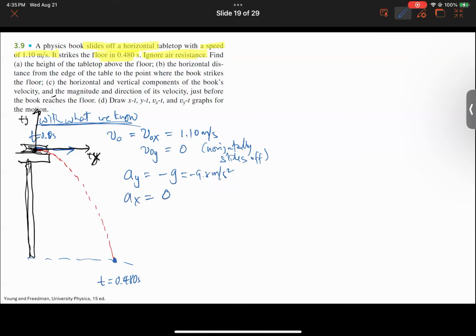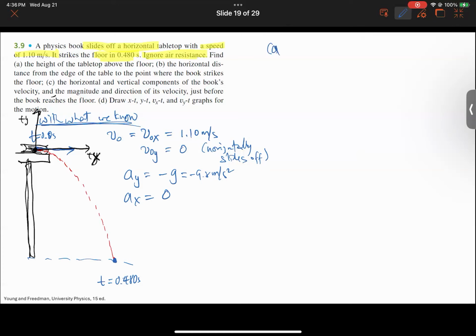Okay. And since this is projectile motion, so yung acceleration along the x-axis is also equal to 0. Okay, so meron pa ba tayong nakalimutan? Okay. So yan na yung lahat ng alam natin based on the given.